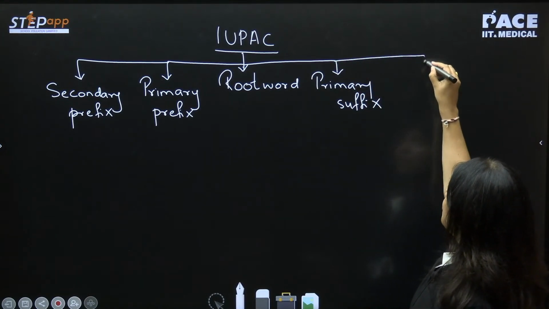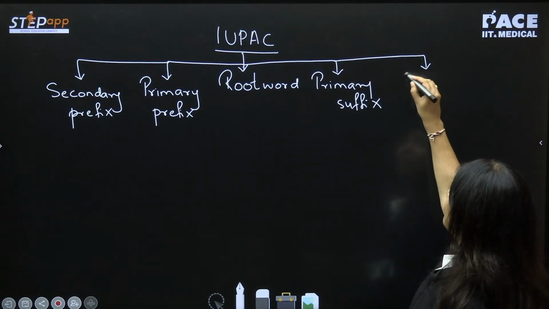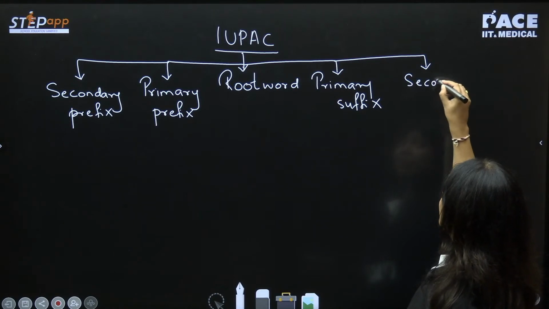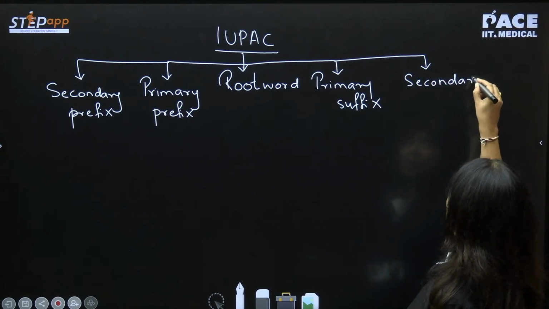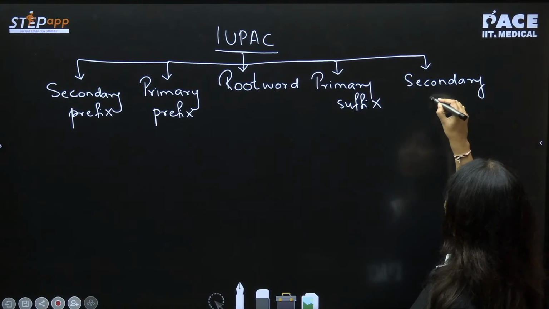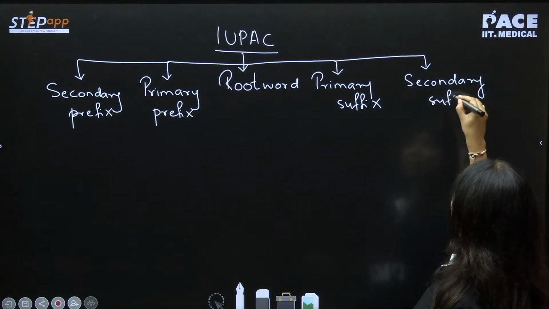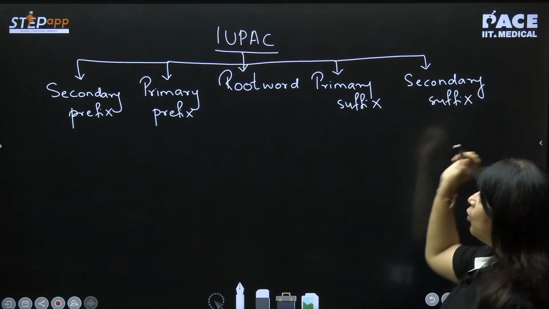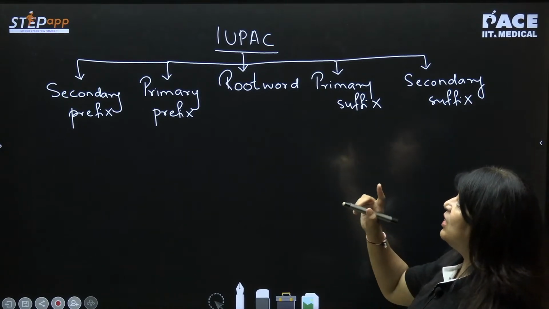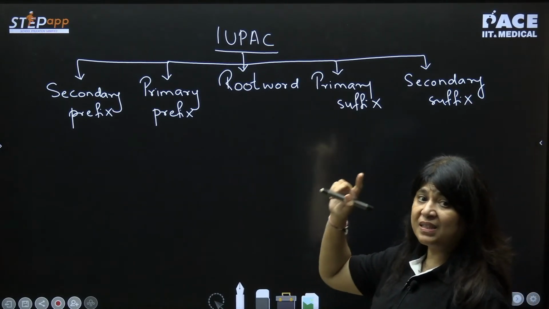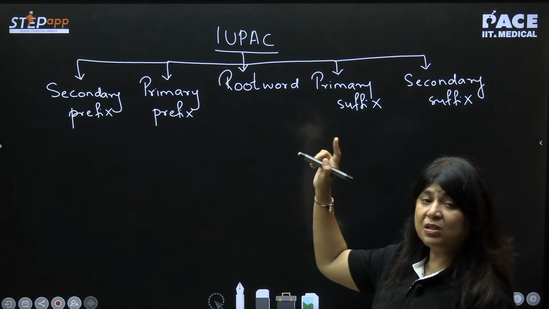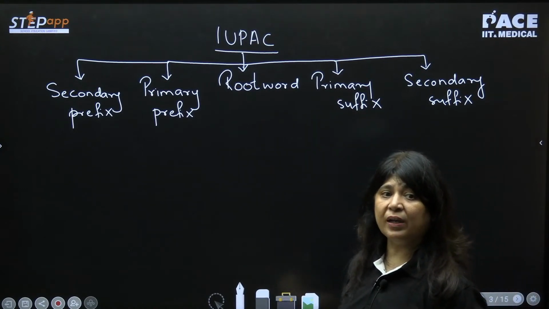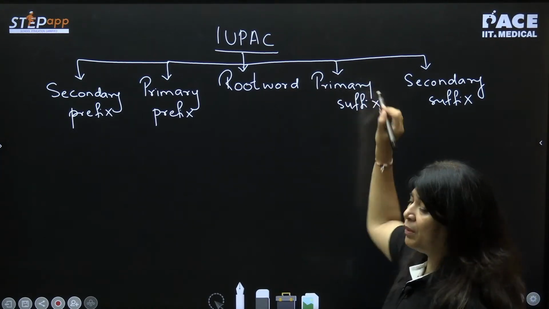After the primary suffix, you may or may not have a secondary suffix. But these are the 5 parts which are used in the naming of an organic compound. The essential, compulsory parts are the root word and the primary suffix.